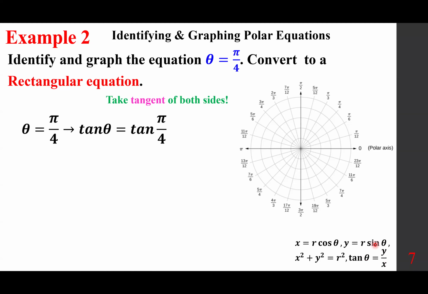Tan of theta can be replaced with y over x. We know tan of pi over 4 is 1. Therefore, y equals x.